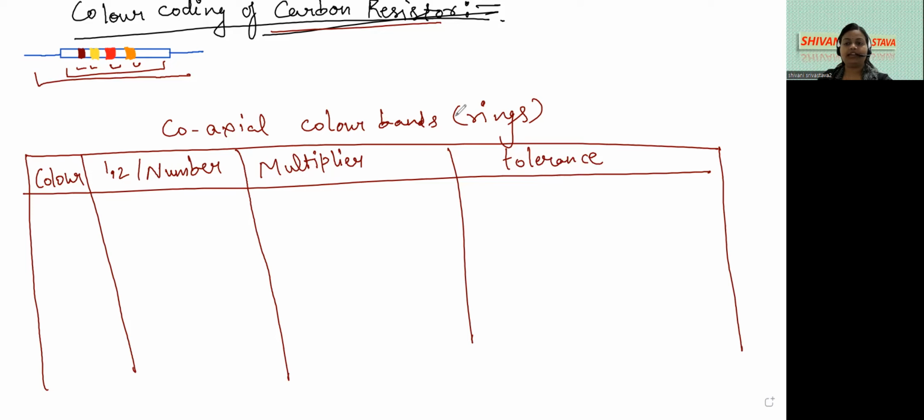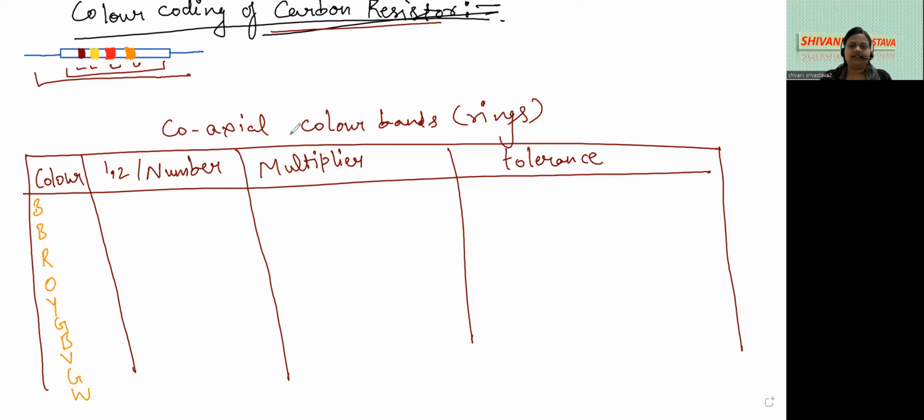The table you can learn with a very short trick, which is B.B. Roy, Great Britain has very good wife. Just take the first alphabets. B, B, Roy, R of the Roy, and of Great Britain, you just take G, B, and so on.